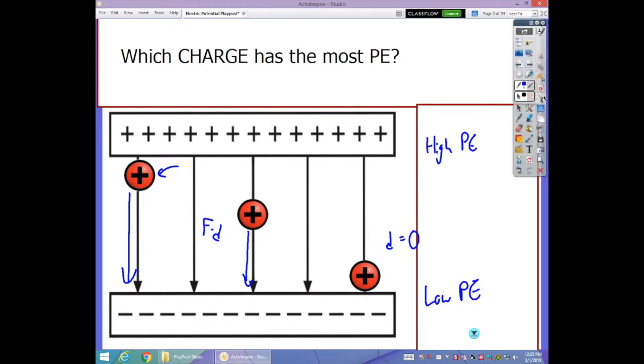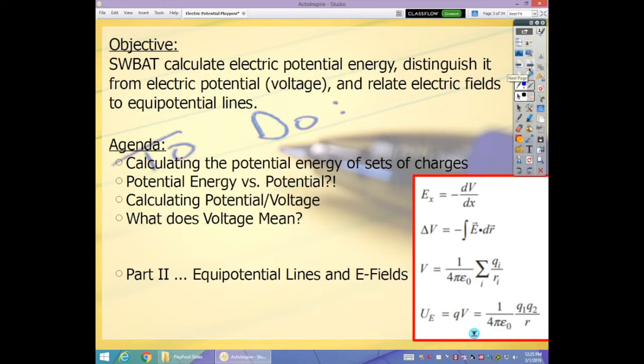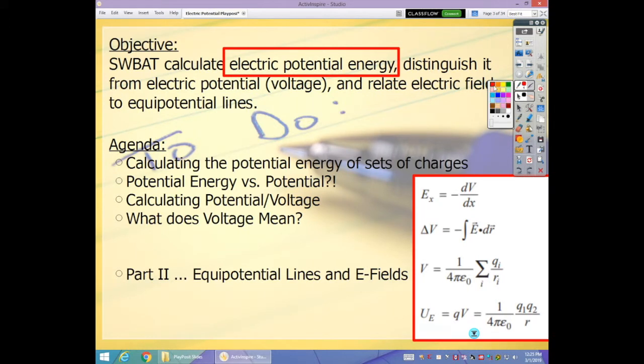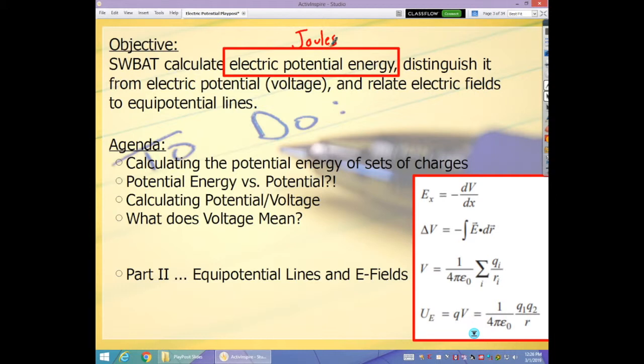All right, so today we are talking about electric potential, and what's interesting and confusing here is we want to be able to distinguish this concept of electric potential energy. When we talk about electric potential energy, it is energy. We're going to measure it in joules, like we measure all of our energy.